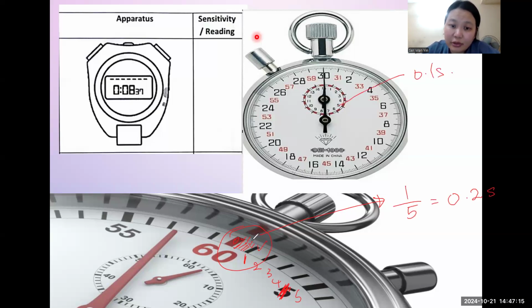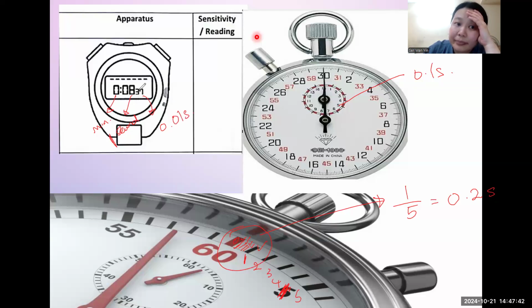Okay? If there is still a smaller scale, like this one, actually this is minute, this is second, this is 0 point. So actually this is 1 second, this is 0.01 second.